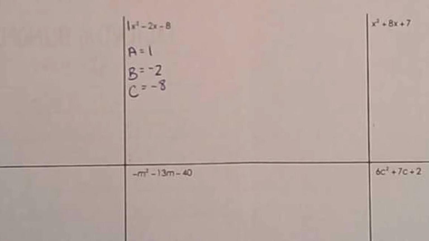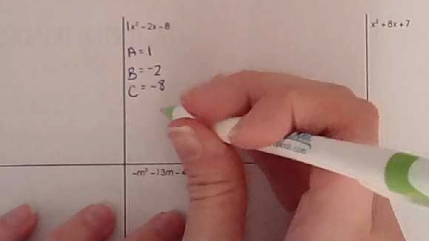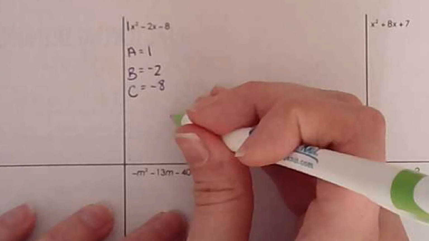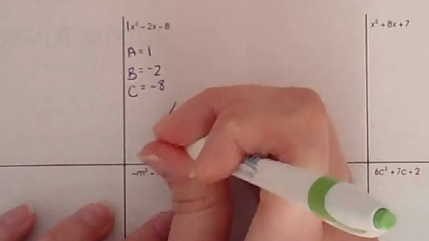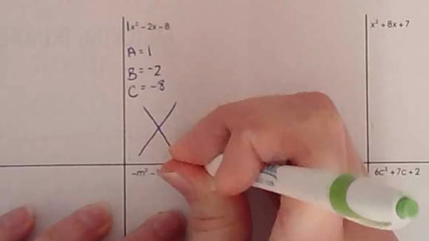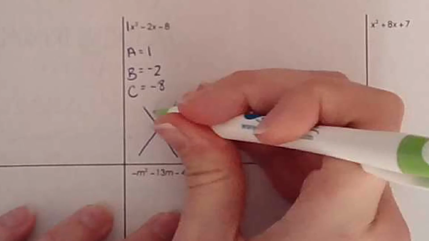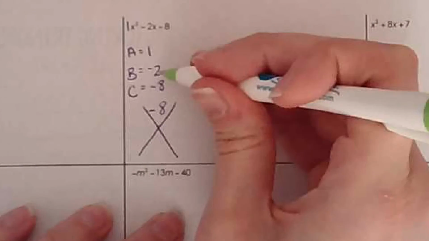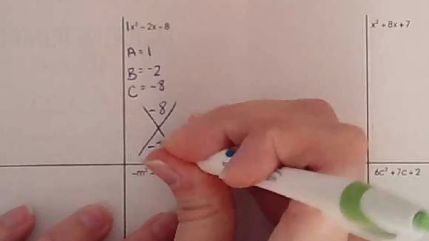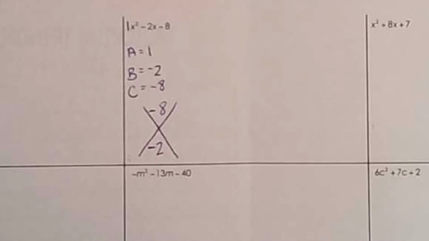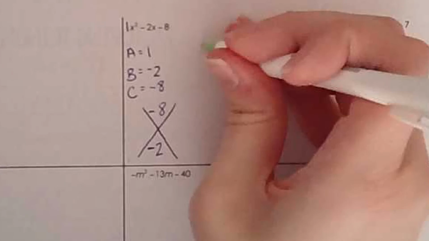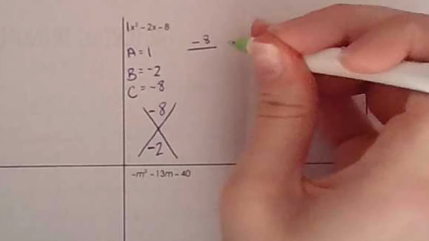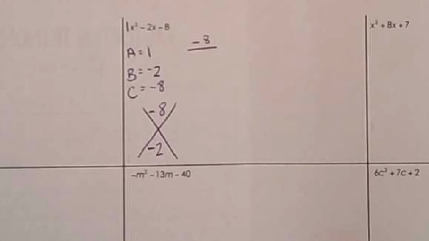So when I'm filling in my diamonds, I am looking for two numbers that multiply to 1 times negative 8, which is negative 8, and add to negative 2. What are my pairs here? If I'm trying to get to negative 8, I know one of my numbers has to be positive and one has to be negative.